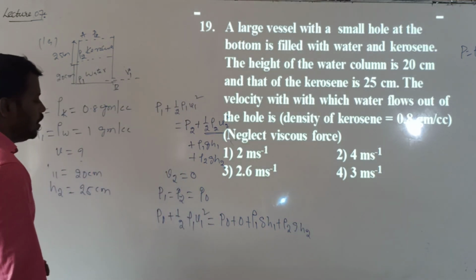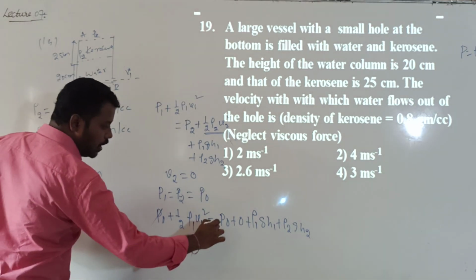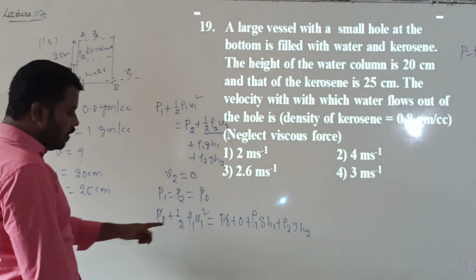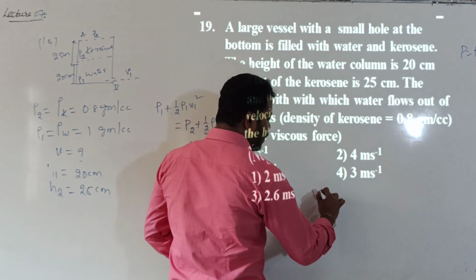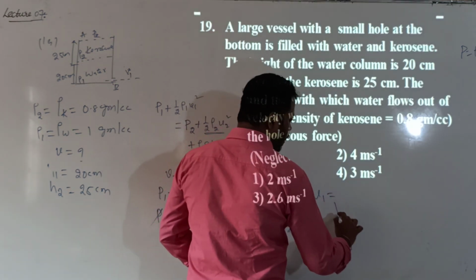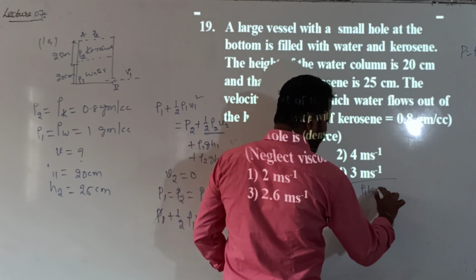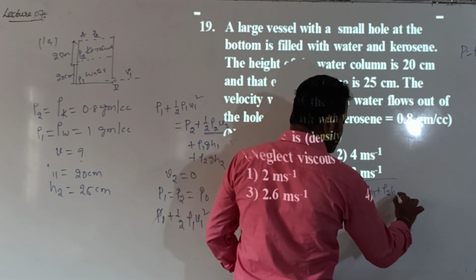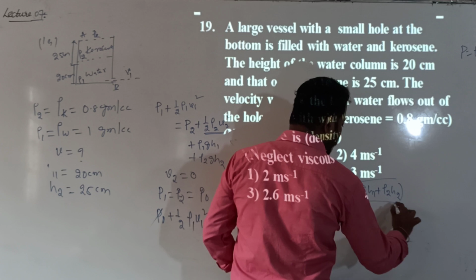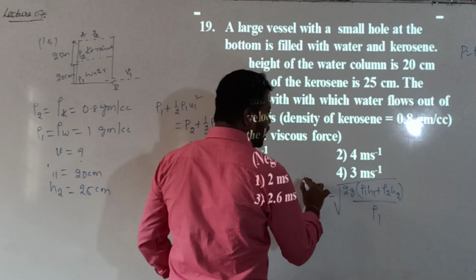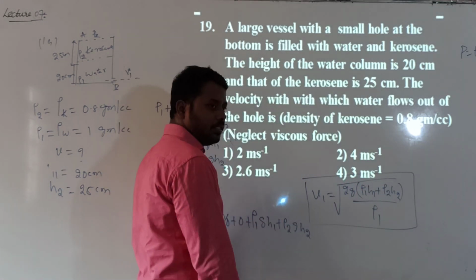Okay? After simplification P0 cancels. What will I get as the answer for V1? V1 is given by root over 2 into g into (rho 1 h1 plus rho 2 h2) divided by rho 1. This is the formula to calculate the speed of efflux.